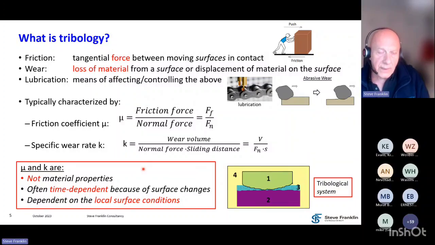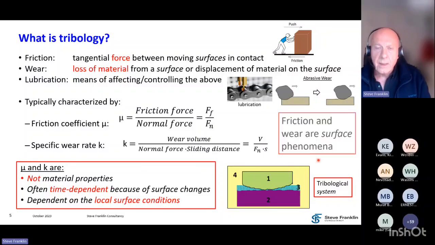And really, when we talk about tribology or friction and wear, we have to talk about those as characteristics of the whole tribological system. And friction and wear, you can see from the definitions, are most certainly surface phenomena. So anything that happens or changes on the surface changes the friction and wear behavior.